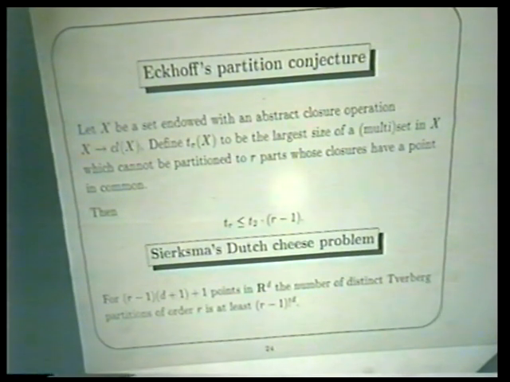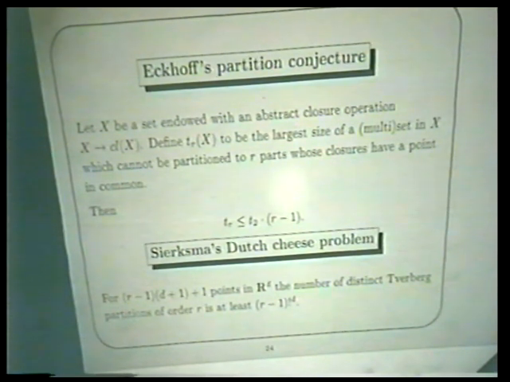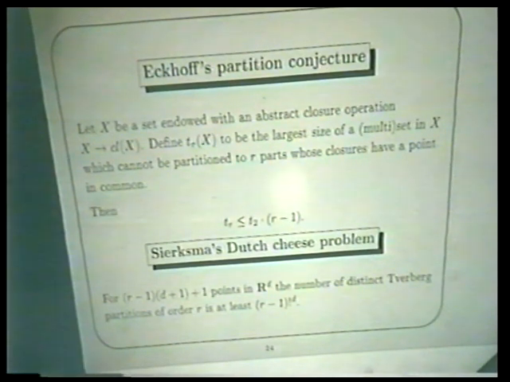If you look at the points of the simplex, repeated appropriately, you get that there are (r minus 1) factorial to the power d distinct partitions, and he conjectured, again, I don't know how deep, that this is the number you always need, (r minus 1) factorial to the power d. Okay, this is it.